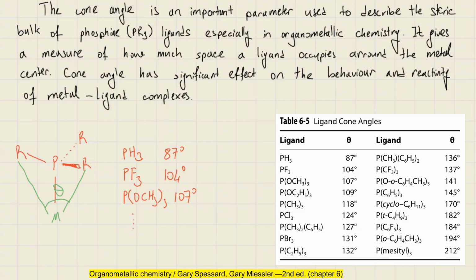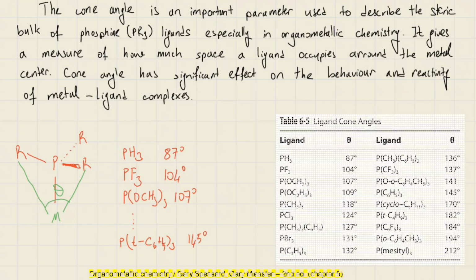For instance, if we go to this one, P(C6H5)3, the cone angle becomes huge, and it is 145 degrees. And we can consider a reaction.